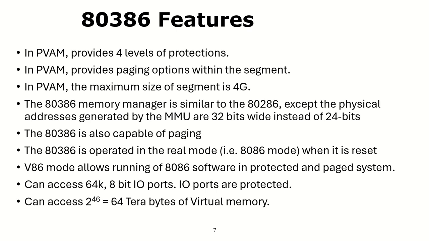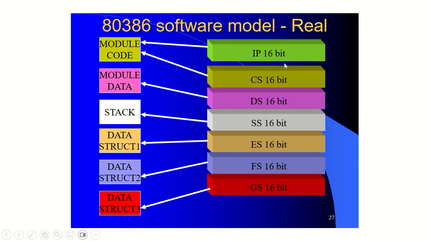Real means 20 address lines. So real, protected, virtual, these are the three interesting addressing mechanisms from at least 386 onwards, which became a standard operation of the memory management unit inside the CPU.